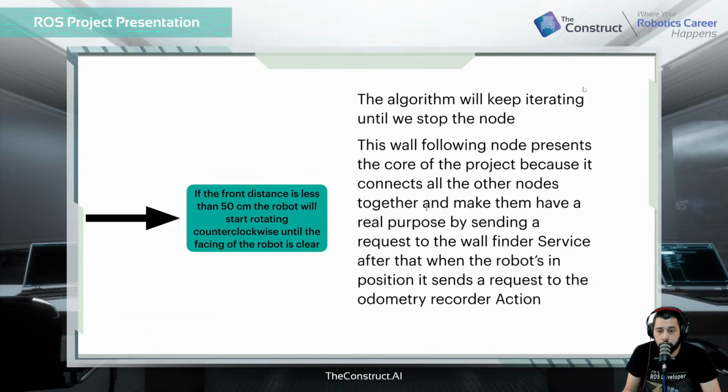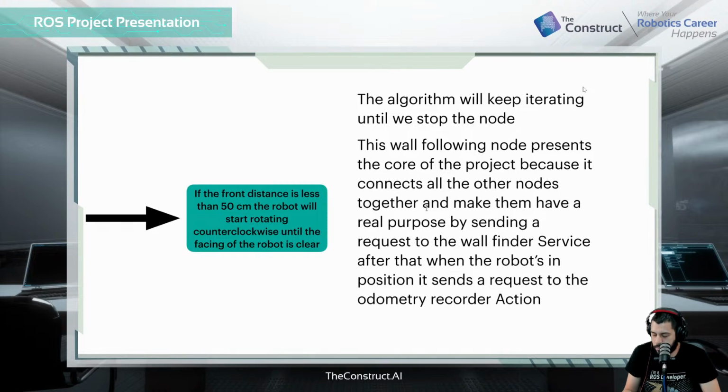Okay, so in the end, when the front laser calculates less than 50 centimeters, we're going to rotate counterclockwise until the front of the robot is completely clear. And this algorithm is going to keep iterating.